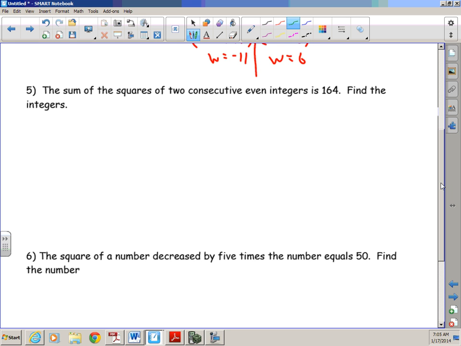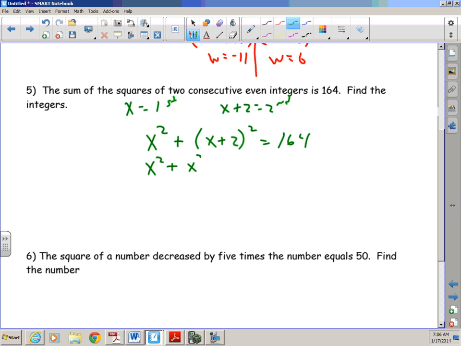The sum of the squares of 2 consecutive even integers. So x is the first, x plus 2 is the second. The sum of the squares. So I square each one and add the result to get 164. Remember, this means to FOIL it, so you'll get x squared plus 4x plus 4, not 4x again, equals 164.